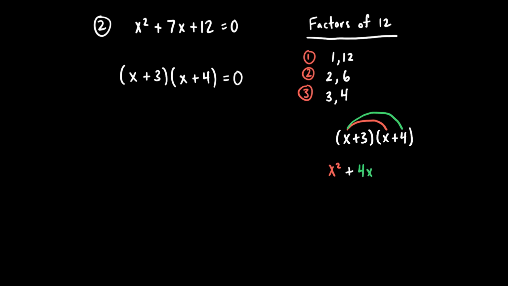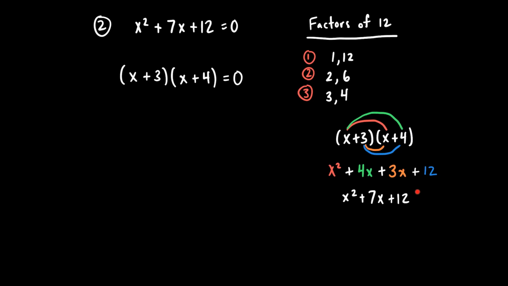I always like to have the number in front of the x. The next thing to multiply is 3 times x, which gives positive 3x. And the last thing is 3 times 4, which is plus 12. If you simplify this, you get x squared plus 7x plus 12, because 4x plus 3x is 7x.